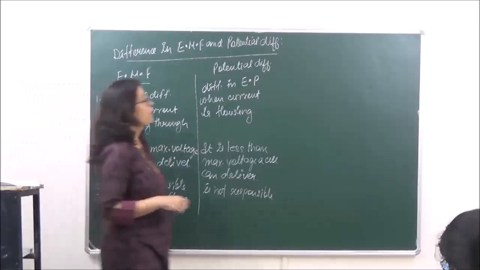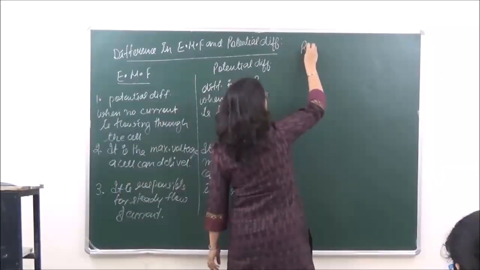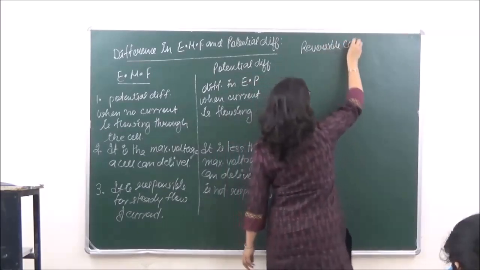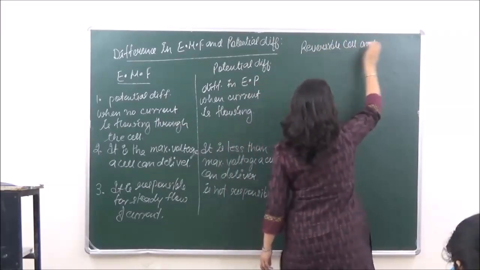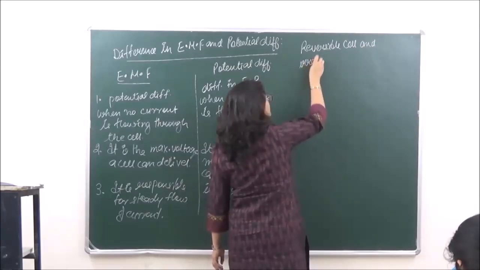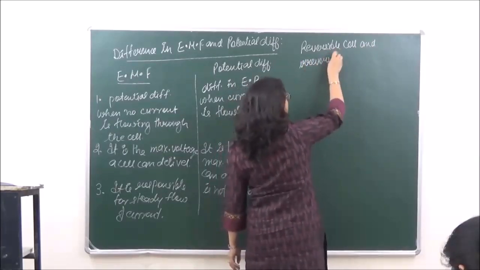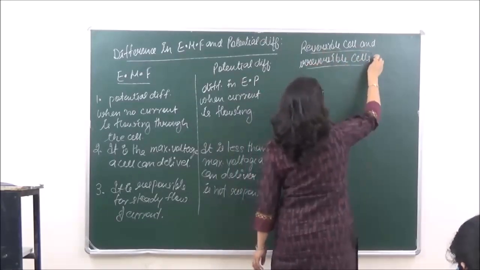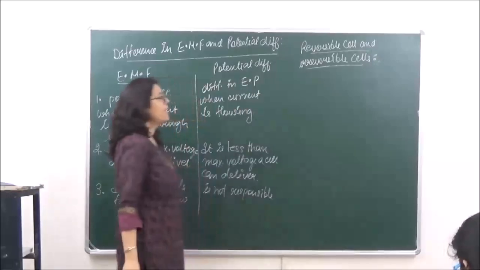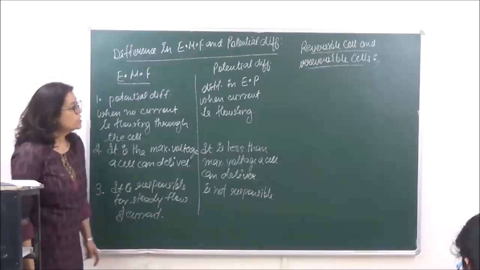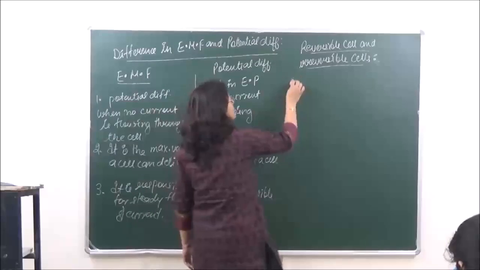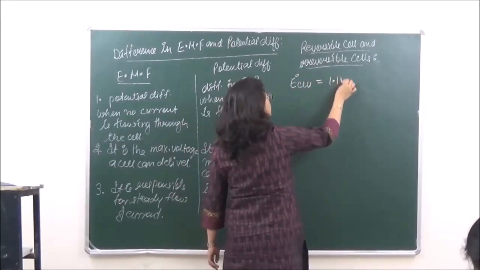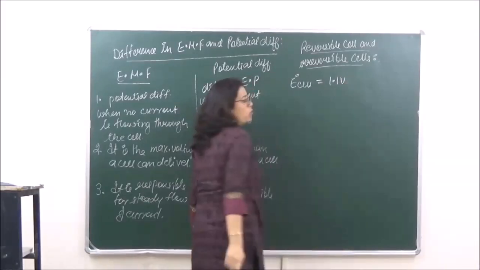Then we have another kind of cells, one which is known as reversible cell and irreversible cells. What do we understand by these two terms? If we are talking of the galvanic cell, the E naught cell for the galvanic cell, that is calculated or measured as 1.1 volt.